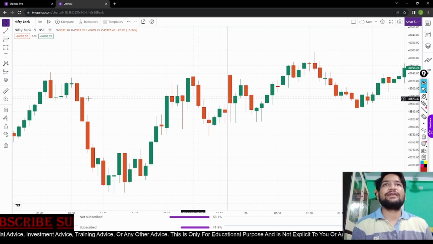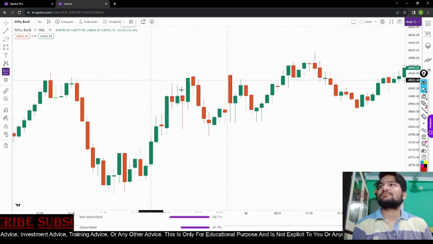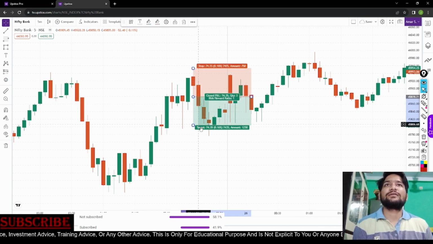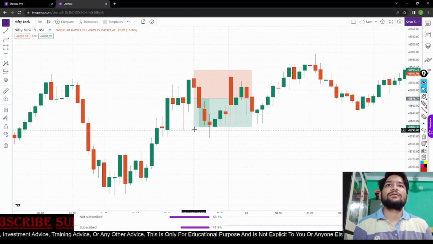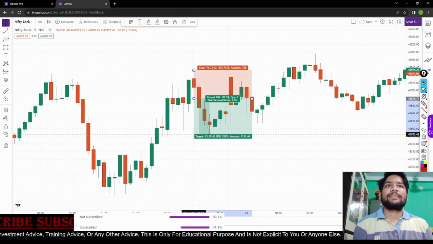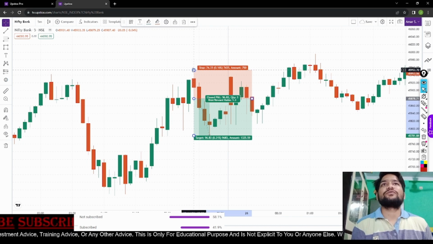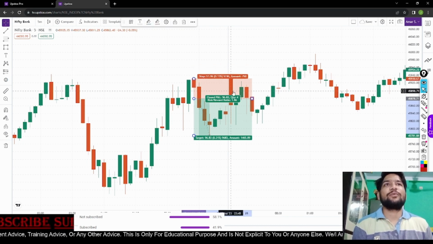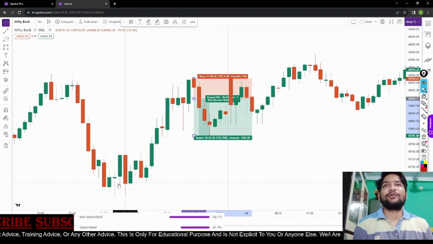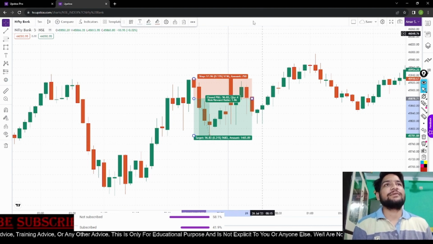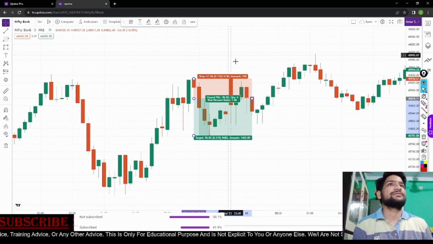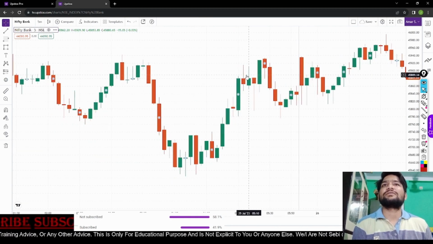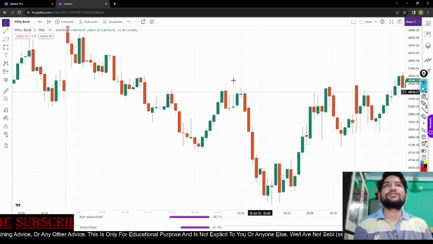And we will enter here, and the stop loss would be this. 50 points stop loss, and target is 100 points, and we are done, 100 points in just a candle, which is a risk reward ratio of 1:2.